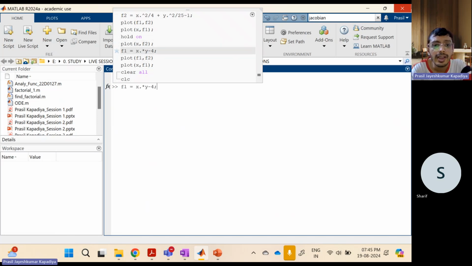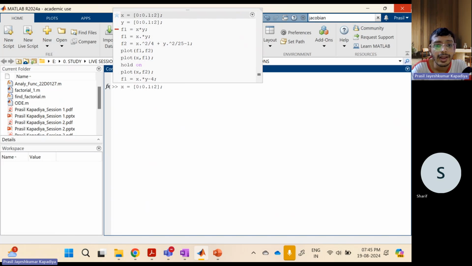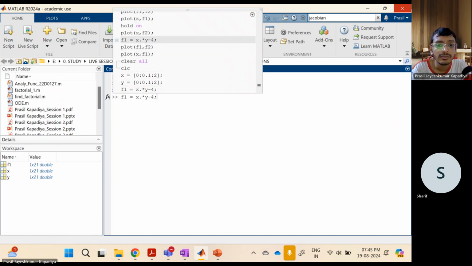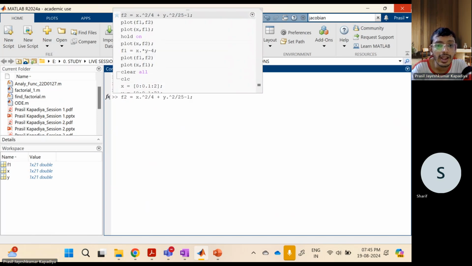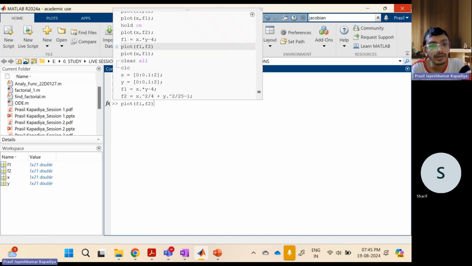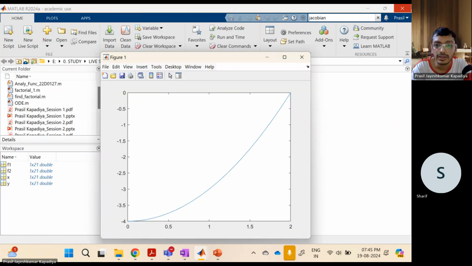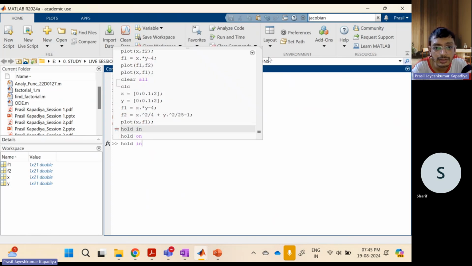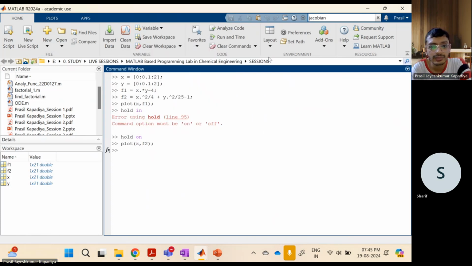So let's first define the range of x comma y. Same range for y. Then I will write my function f1. Then my function f2. Then I will first plot x1. Now I will put hold on, not hold in. Then x2.